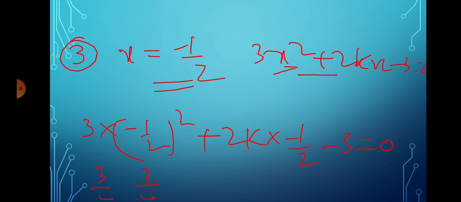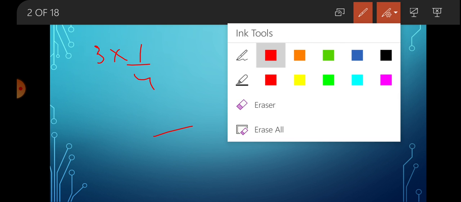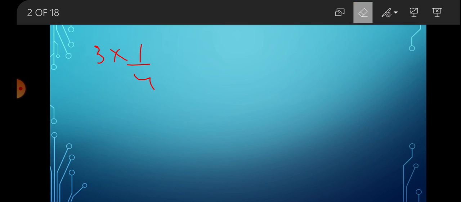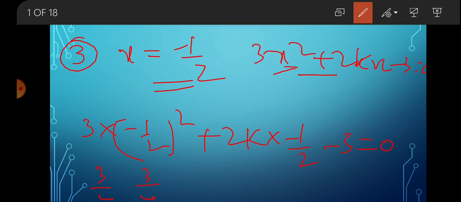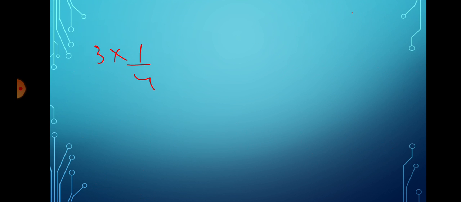So 3 into 1 by 4, and this 2 and this 2 will get cancelled, so k into minus 1 will become minus k.